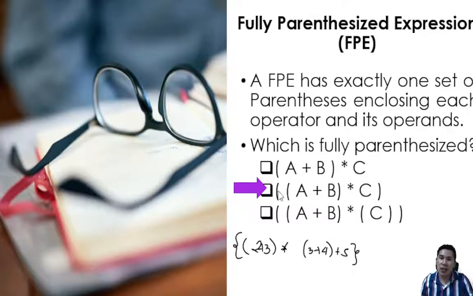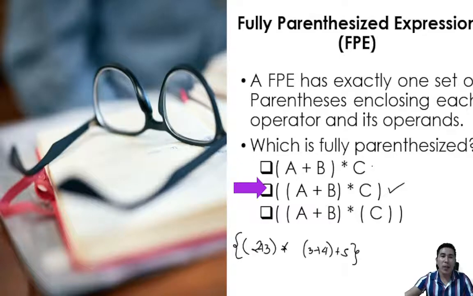As you can see, the fully parenthesized one is option B. There's nothing wrong with the other one, but when we talk about a fully parenthesized expression, option B is the right one, the best example of an FPE.